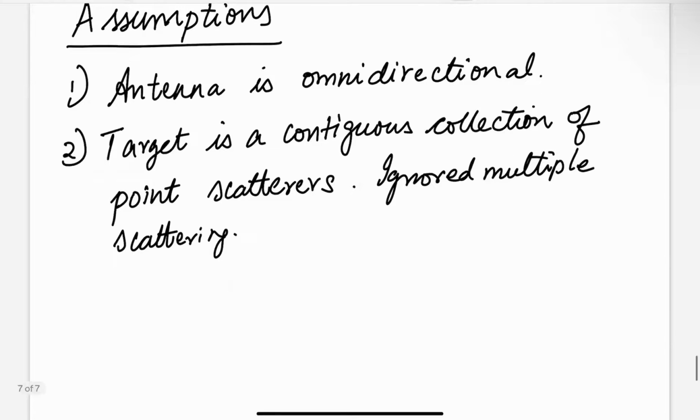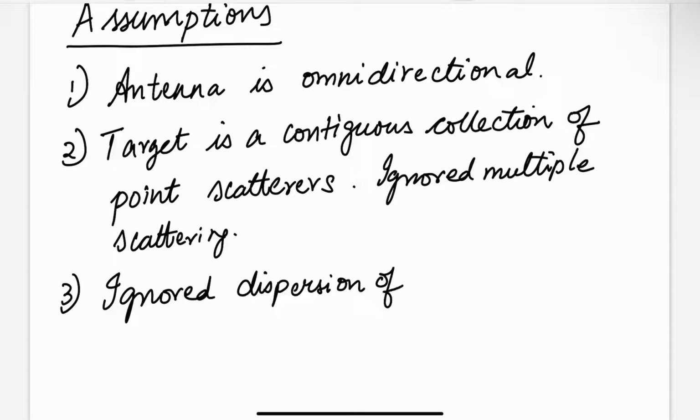Okay, so the next assumption is that we ignored dispersion effects, dispersion of the channel and that includes the system. So there's dispersion in the system, for example, the residual video phase that we've ignored for FMCW.